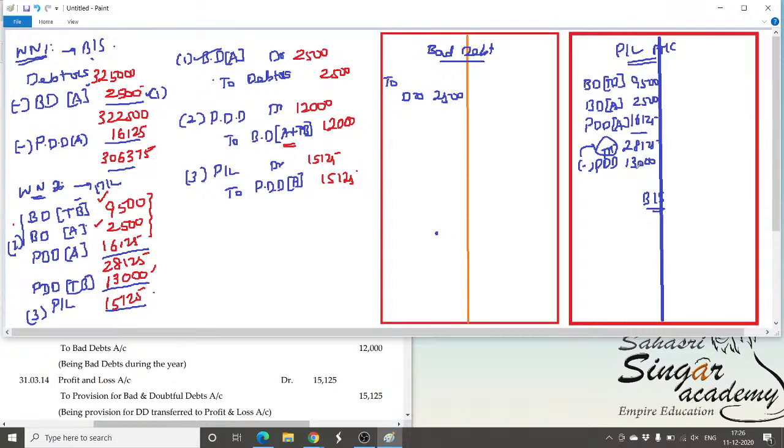Balance is in the debit side. If the balance is negative, then automatically it may be posted in the credit side. So the ultimate value here is 15,125 rupees. Is it clear?